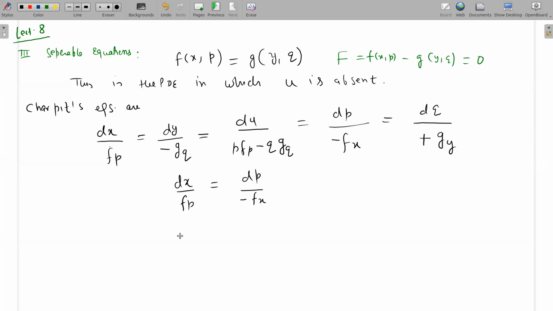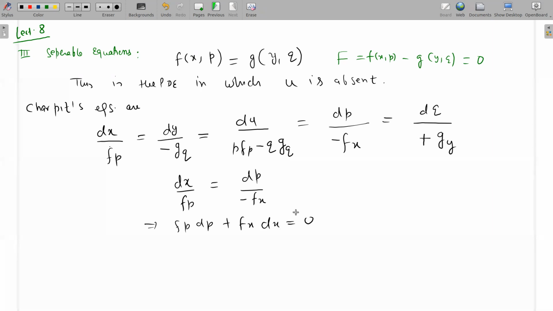Thank you. So can you integrate this equation? It's a very simple form, f p dp plus f x dx equals 0.